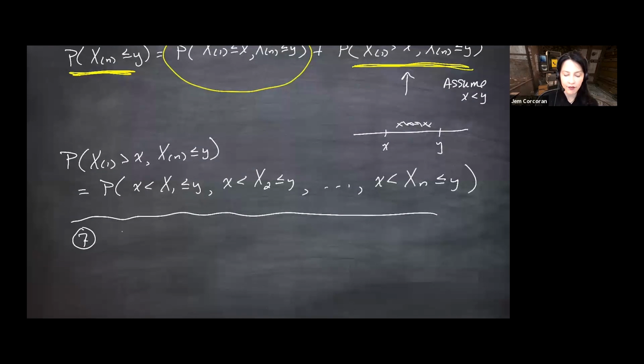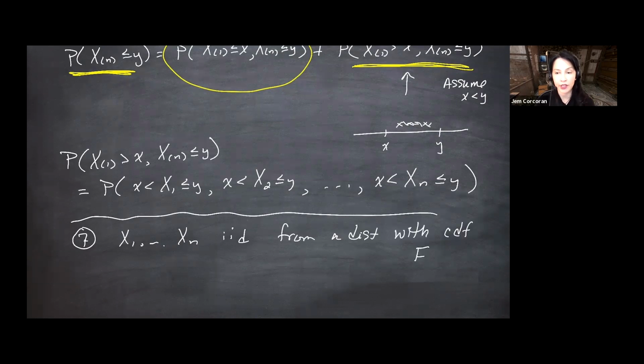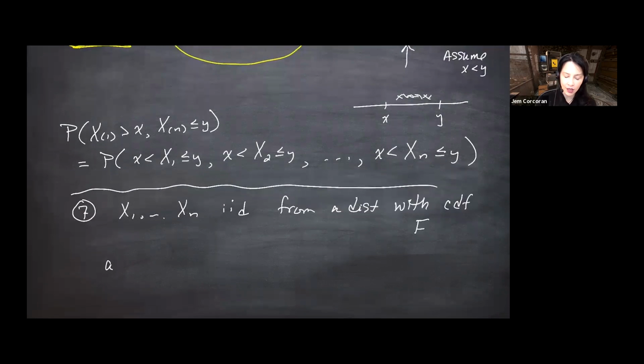So we have x1 through xn. Are they IID? Yeah, they're a random sample, so they're actually IID from a distribution with CDF capital F, or you might call it capital F sub x. And in part A, you want to find the distribution of this yi, which was defined as capital F of xi.